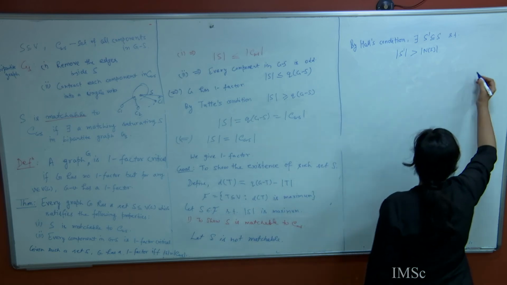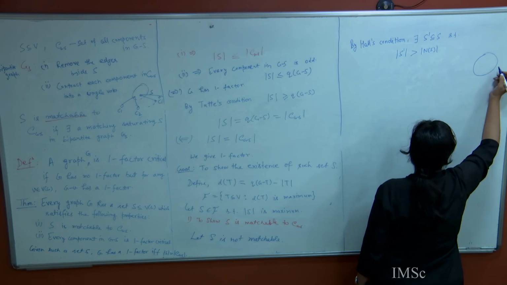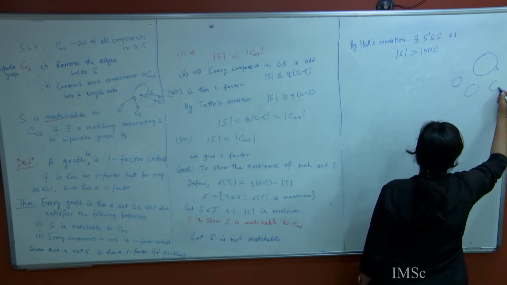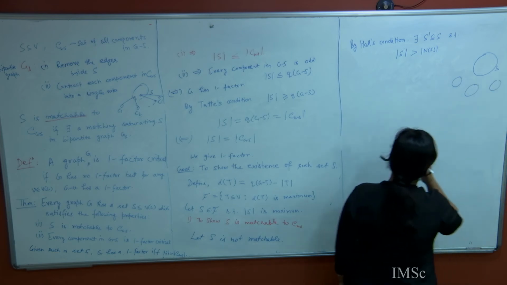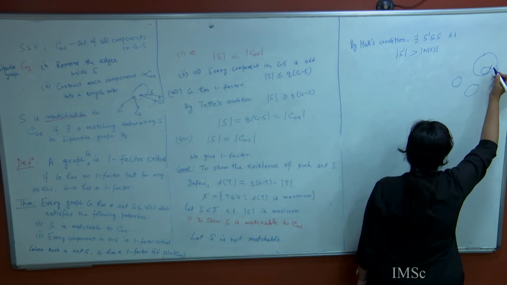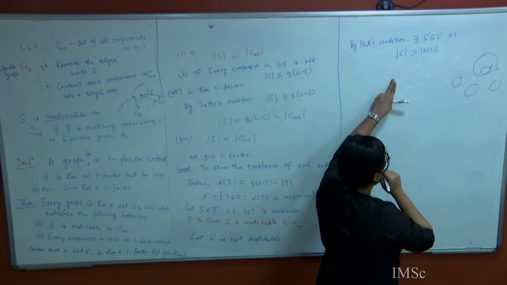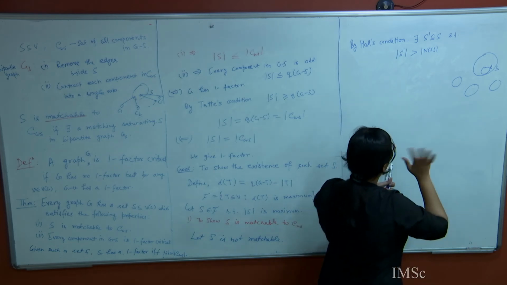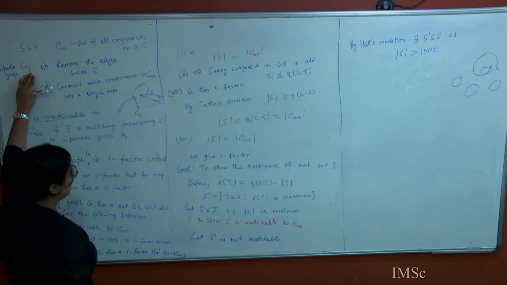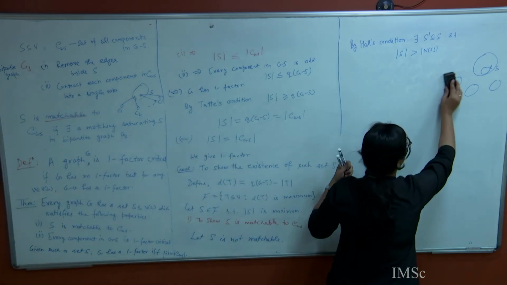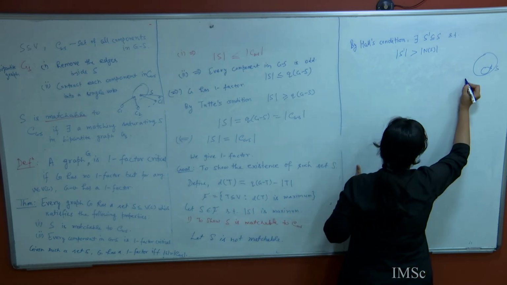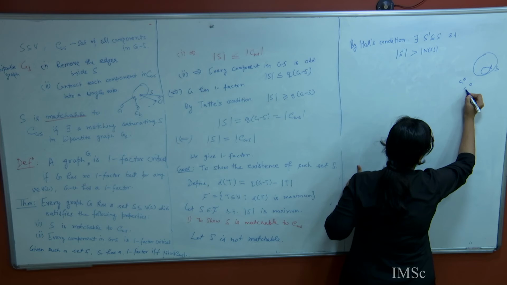Okay. So, let us look at the graph, what is going on here. We have this set S, and we have the components in Cg minus S. We are saying that there exists some subset of S, S prime, such that, okay. So, let us look at this bipartite graph GS. In GS we do not have components, we have vertices corresponding to each component.